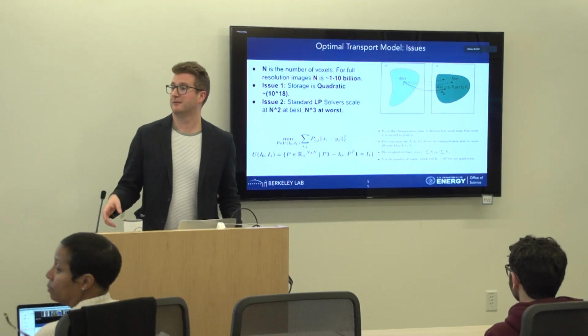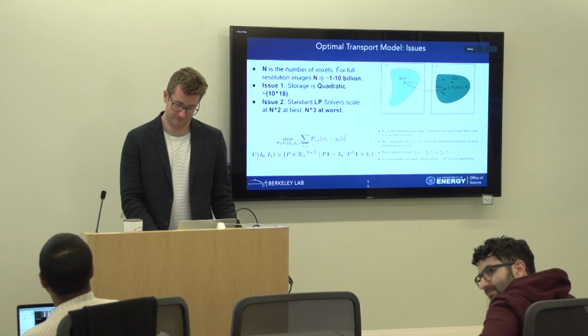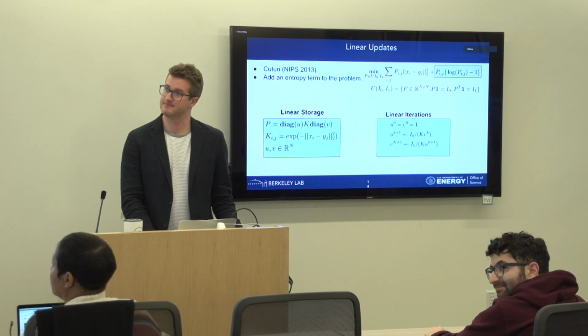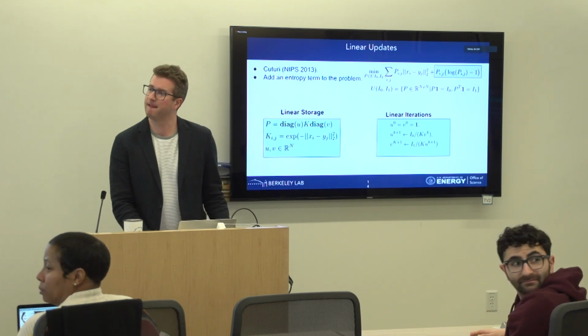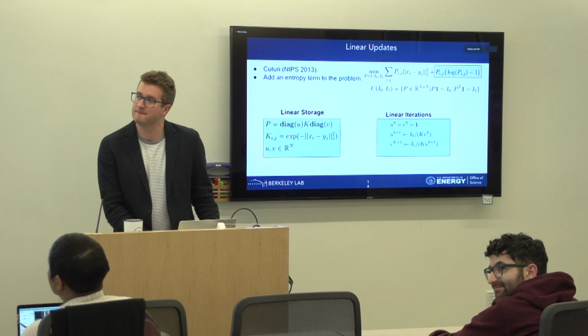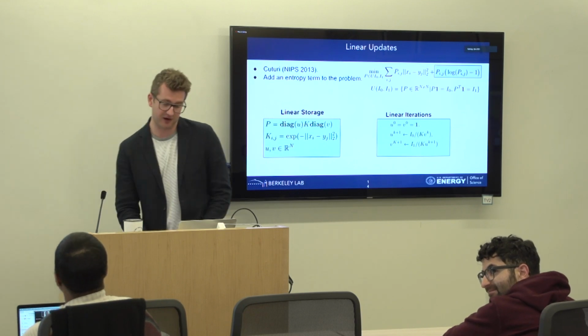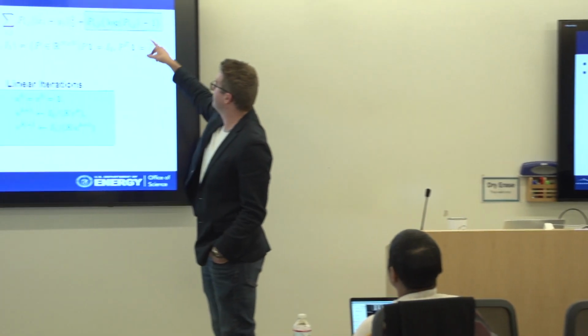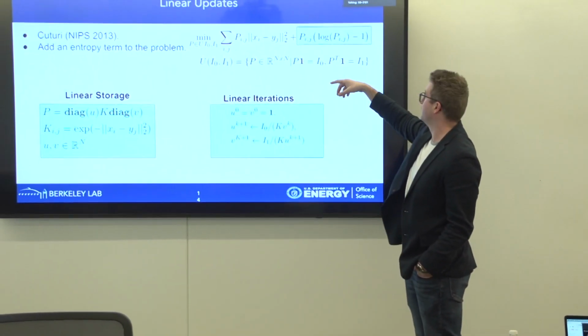Could you go to this one and the next one? Could you expand a bit more on how the problem scales down from n cubed to this? Sure. I kind of breezed through it in this slide. You add this entropy term here, with a regularization parameter.